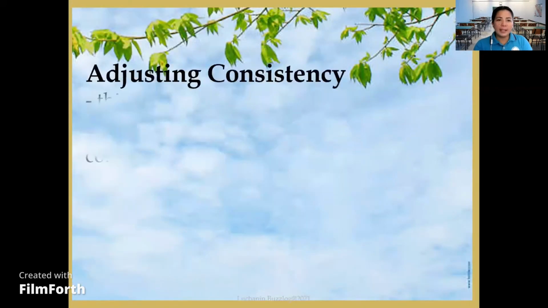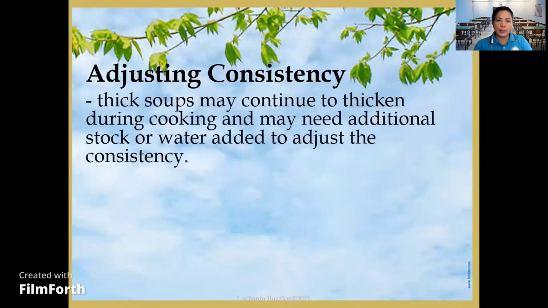Okay. And another one is how we are going to adjust the consistency of our soup. The thick soups may continue to thicken during the cooking time and may need additional stock or water added to adjust the consistency. Kunyari guys, ganito. Yung iyong nilulutong soup ay very thickened. Masyado siyang heavy.